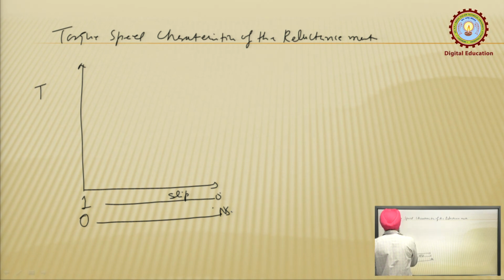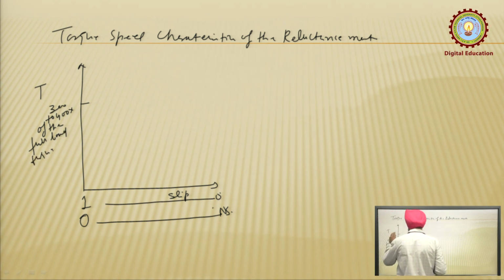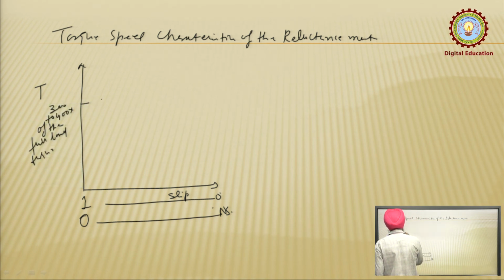At the starting, as I have discussed, 300 to 400% of the full load torque is developed by this starting and main winding, this torque is developed like this. Okay.